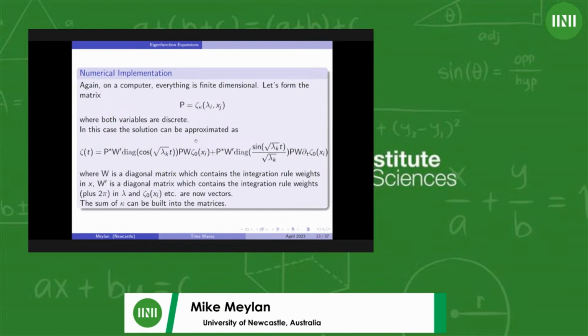Again, it's just a simple quadrature rule. No one's going to try and do this by Gaussian quadrature or anything like that. You can go as fancy as Simpson's rule if you like, but you can just do it by the midpoint rule or something like that. So there's the expression here for the time-dependent solution. You can just directly calculate it from the frequency domain, form a matrix out of it, and multiply it up.